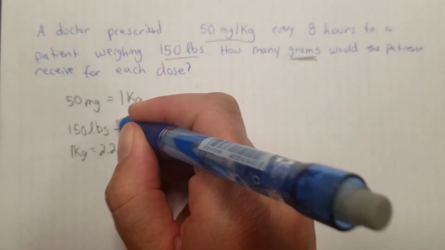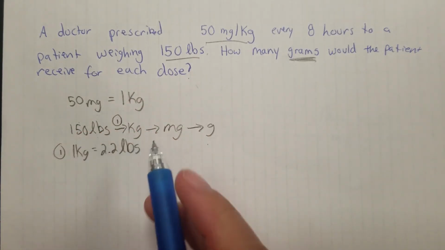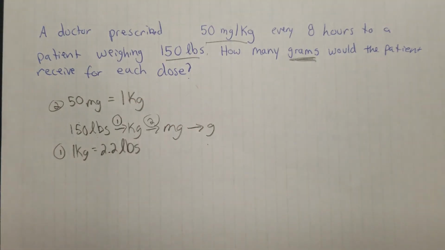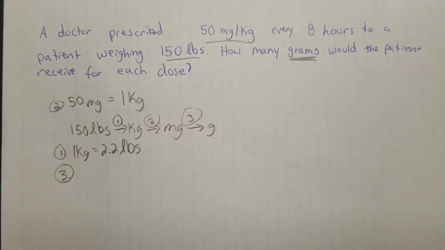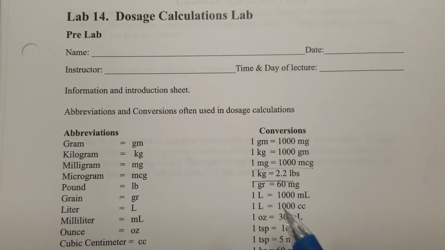So to clear this up, let's label these. Conversion factor 1 for the first step, conversion factor 2 for the second step. Conversion factor 3 will be for this step here, so I need a conversion factor. Okay, metric to metric. You can use your metric tables that we've used so far, or you can use this.